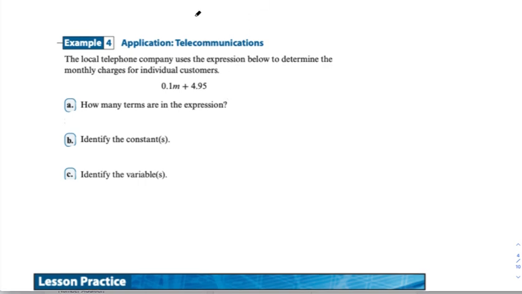Well, that part we remember, we're going to count everything that is separated by a plus sign or minus sign. So this first one, we have 2 terms. Identify the constants. Well, let's look at the value again. You've got 0.1 M plus 4.95.